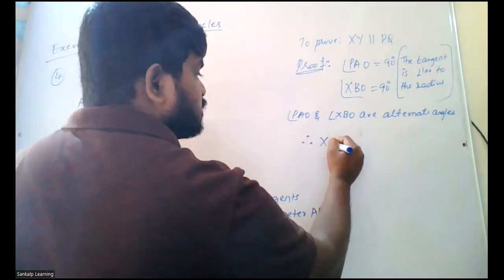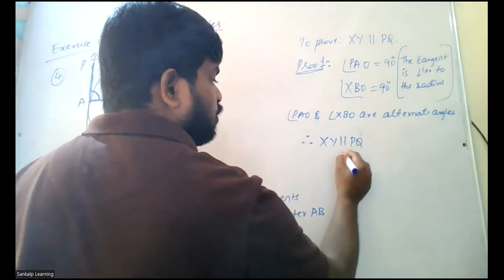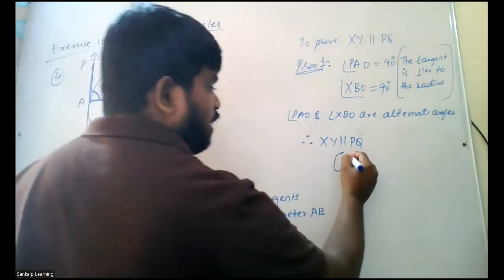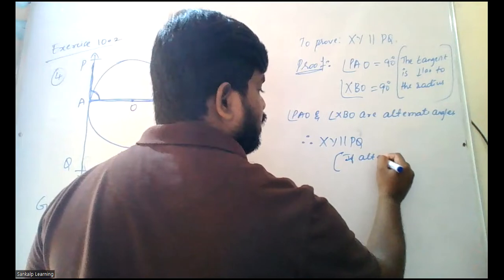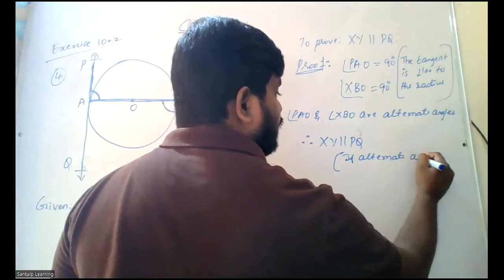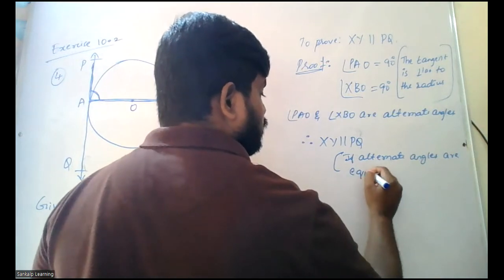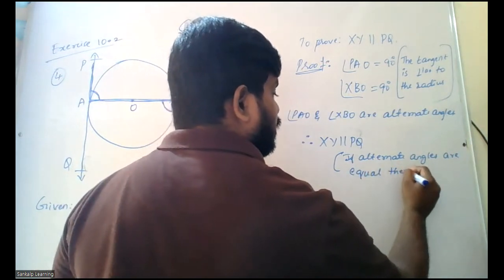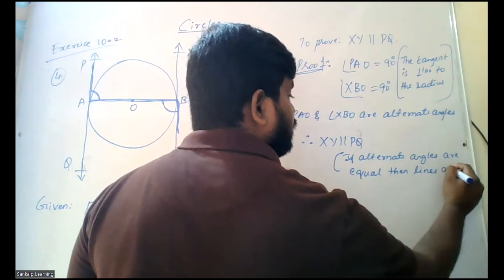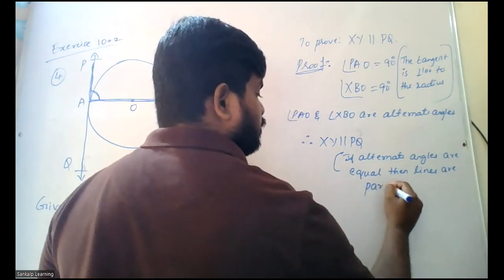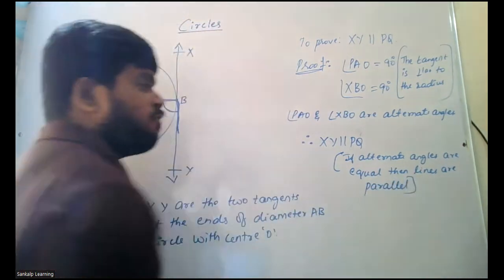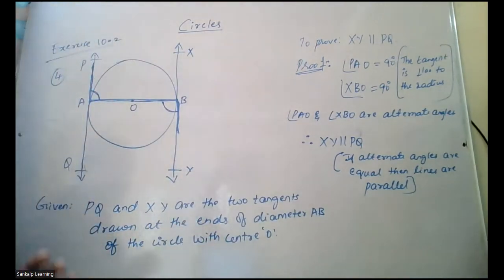Therefore, XY is parallel to PQ. You can write it. Okay. If alternate angles are equal, then the lines are parallel.